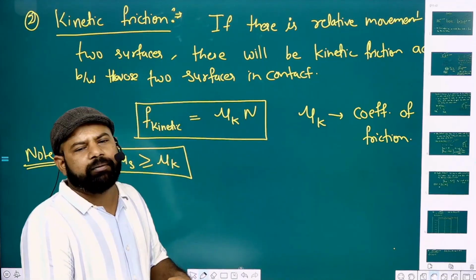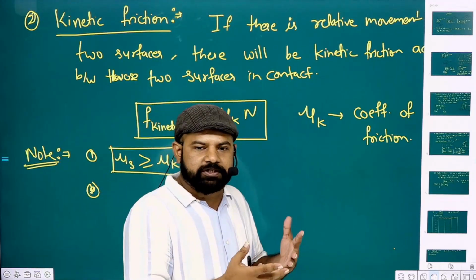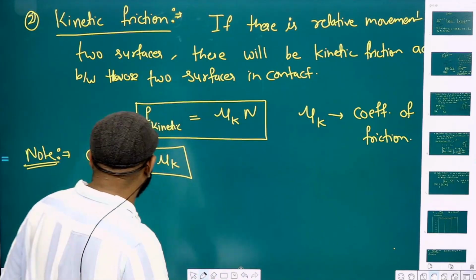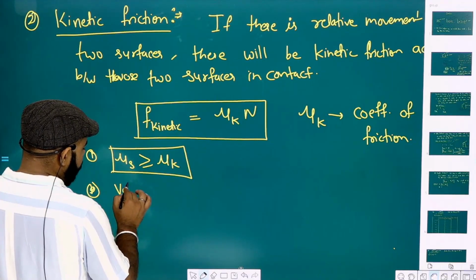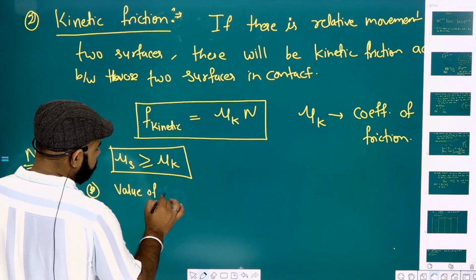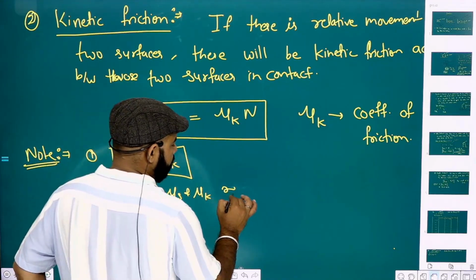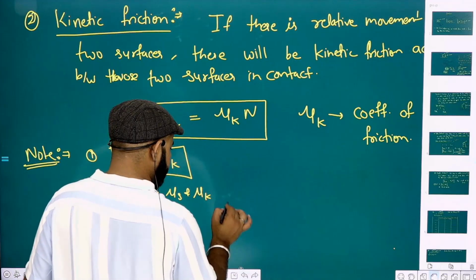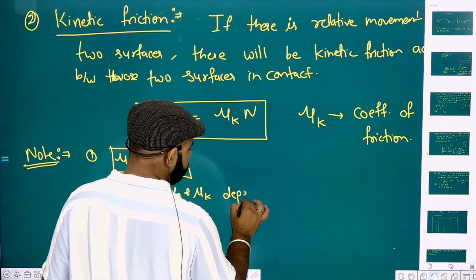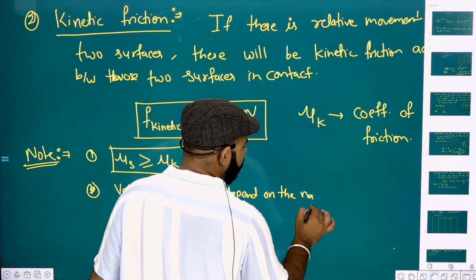So these are basically representing the roughness between those two surfaces, right? So the values of mu s and mu k depend on the nature of surfaces.